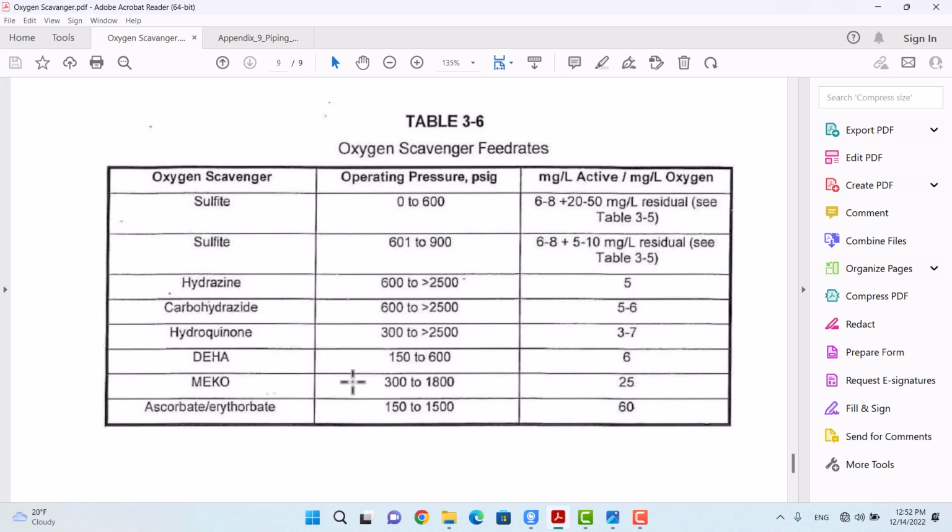One of them operates at about 1,400 psi gauge, and another one operates at about 600 psi gauge.